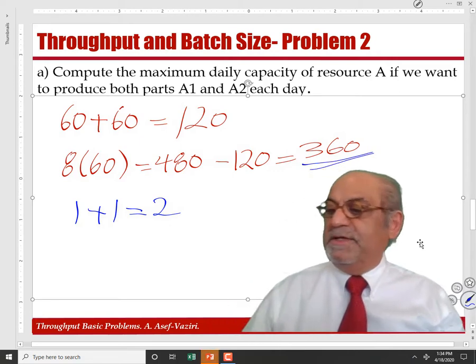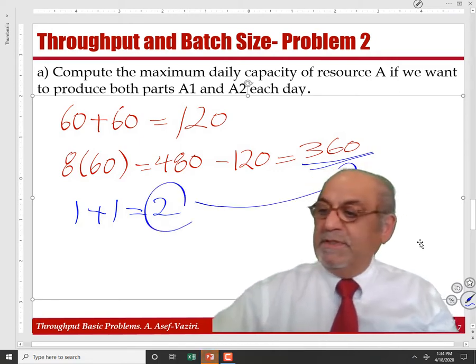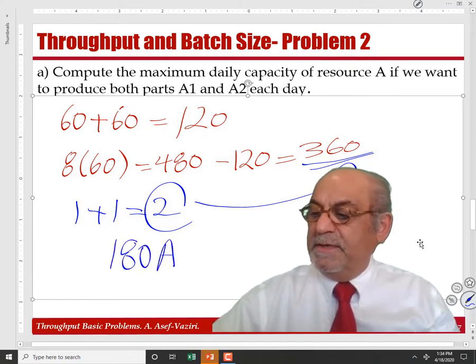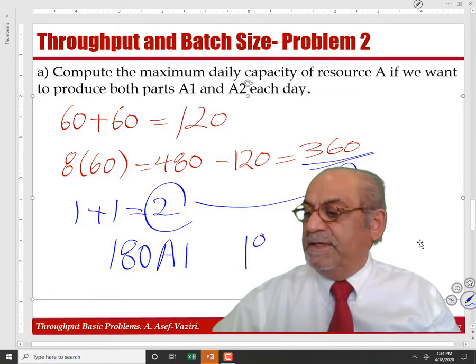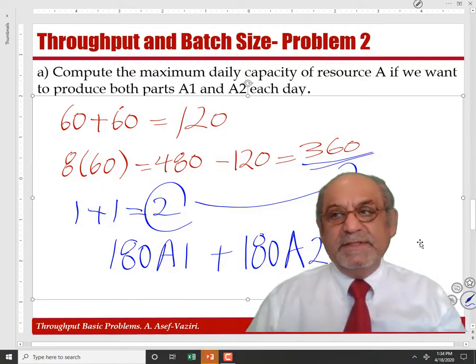Available time 360, time for each one 2, we can produce 180 A1 and 180 A2. This is the maximum capacity.